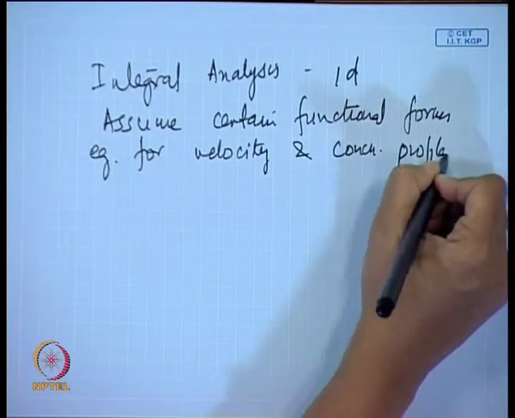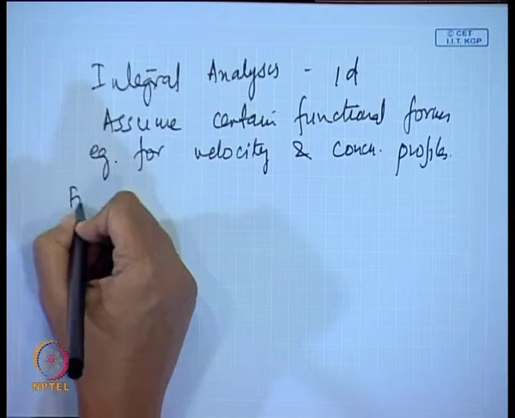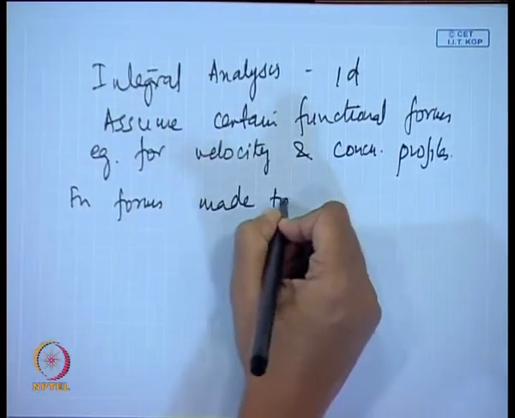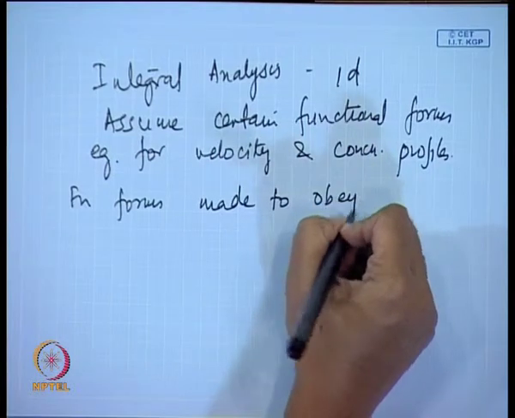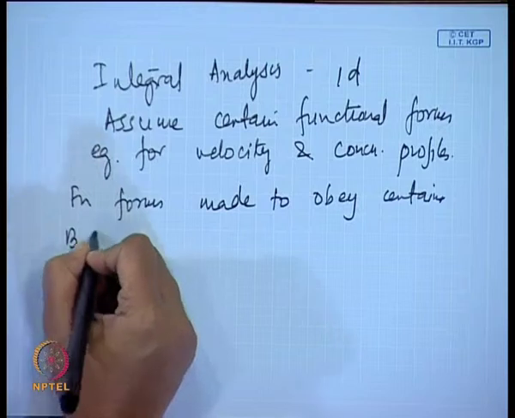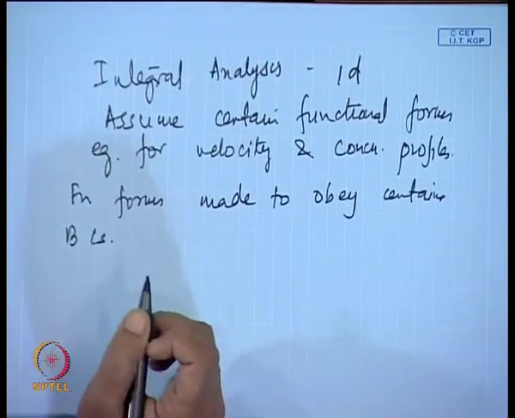Okay. And then these functional forms are made to obey certain boundary conditions. Okay. And accordingly they are integrated and we get the total thing.